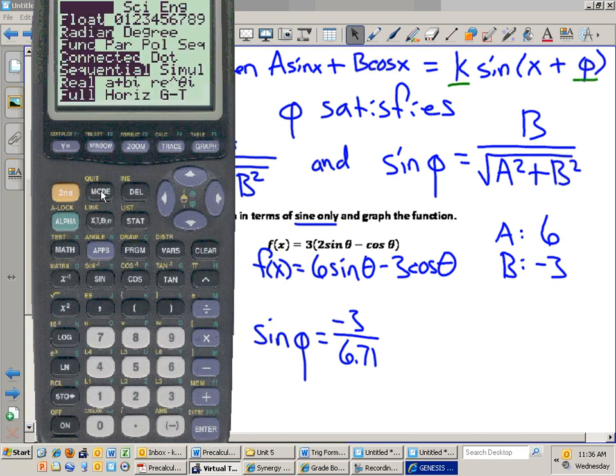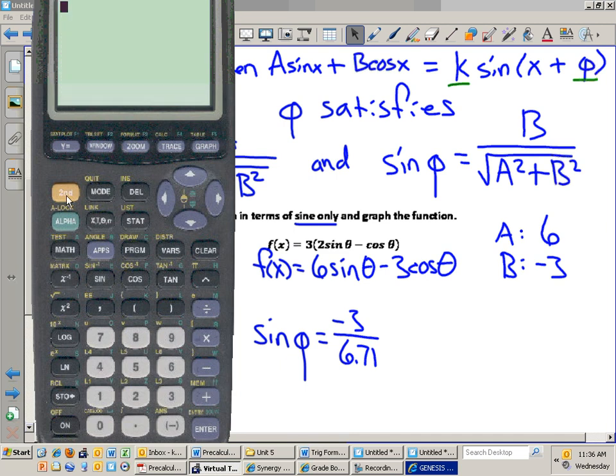Oh yeah, so when you're in mode, make sure you're in radians. Second sine, negative 3 divided by 6.71. We get negative 0.4635. So write down negative 0.46.